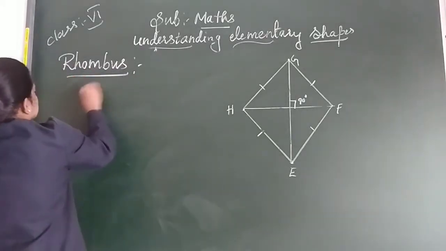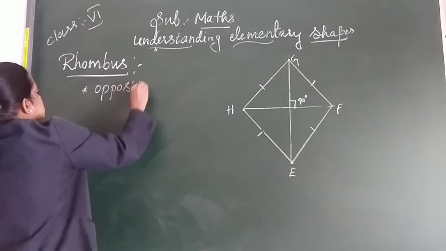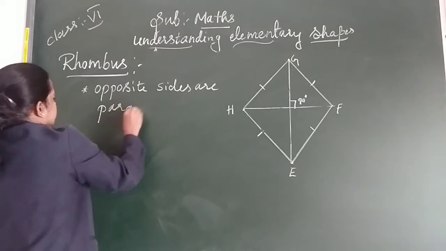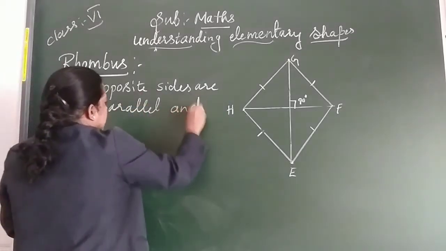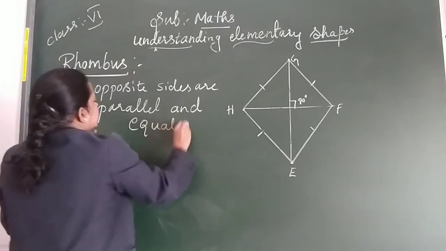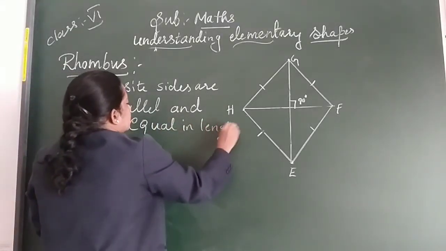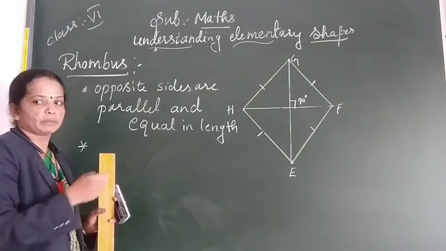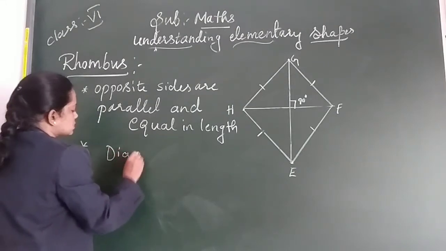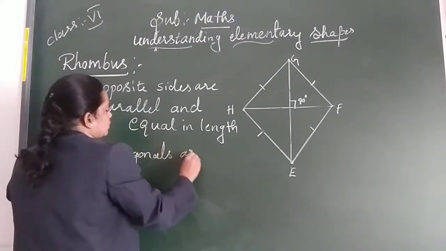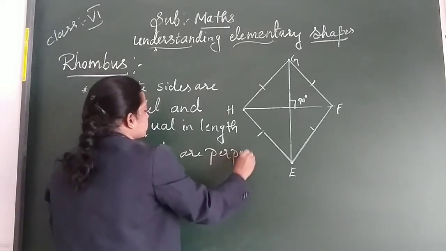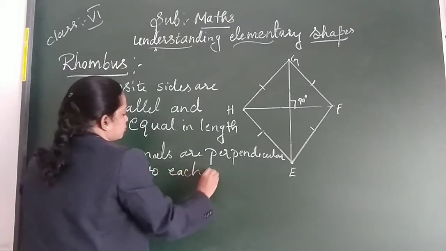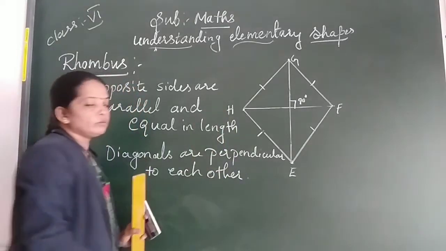So here again opposite sides are parallel and equal in length, and the diagonals bisect at right angles, that is, the diagonals are perpendicular to each other.